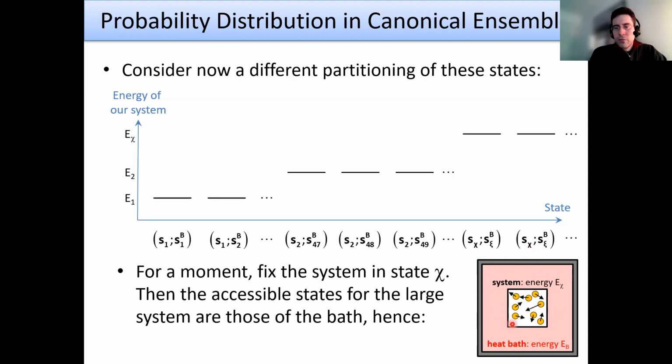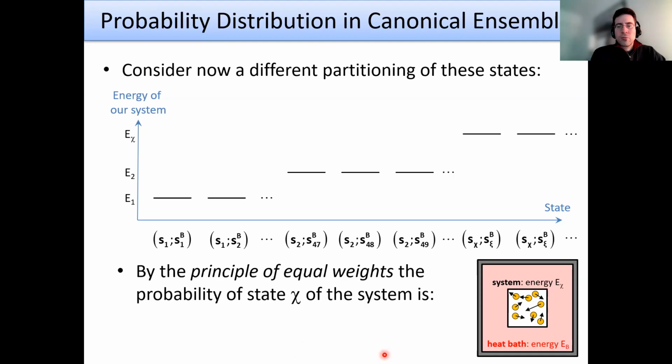So if we do that, then we have that the degeneracy for the bath, right? So the degeneracy of the whole system, which is a function of the energy of the bath, is going to be equal to this omega of energy total minus the energy of the small system, because these sum up to this energy.